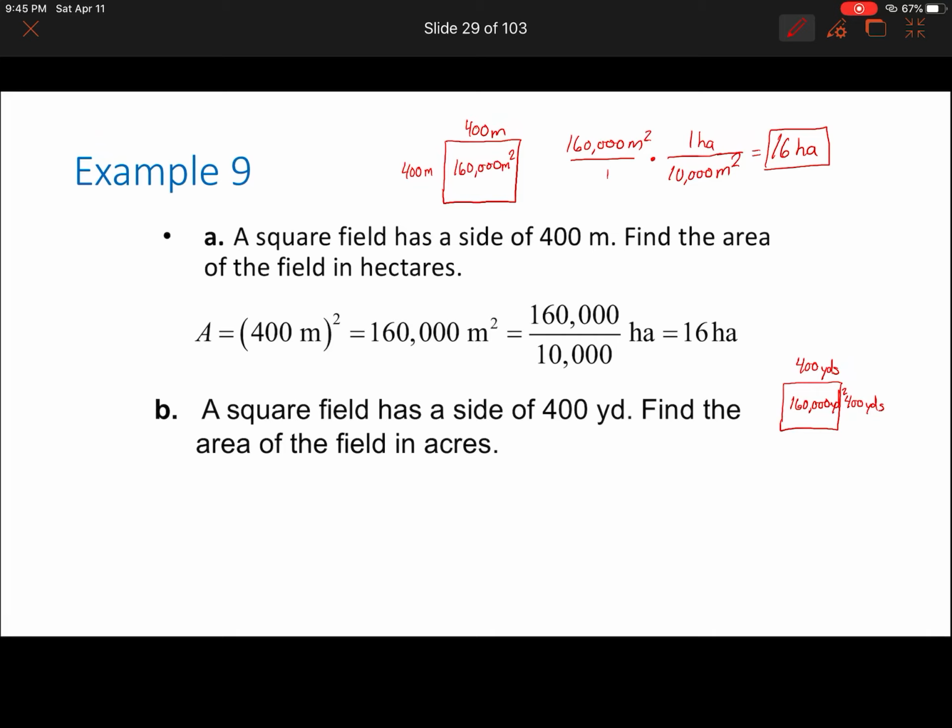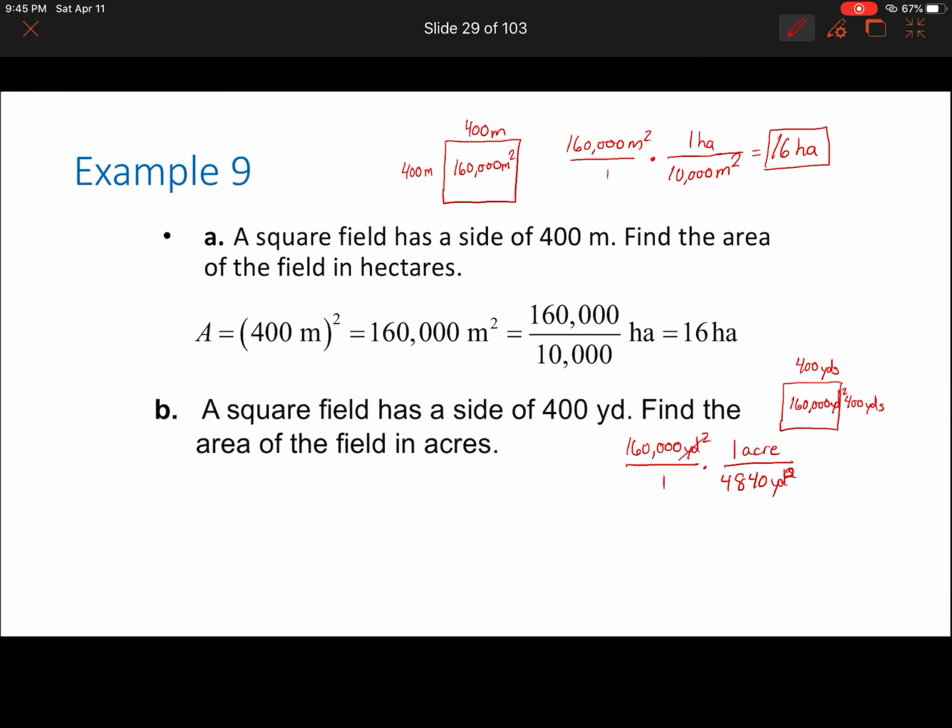And so we need to convert that to acreage. Well, we can do that. 160,000 yards squared can convert to acres because, if you go back to our chart, we said that 1 acre is 4,840 yards squared.